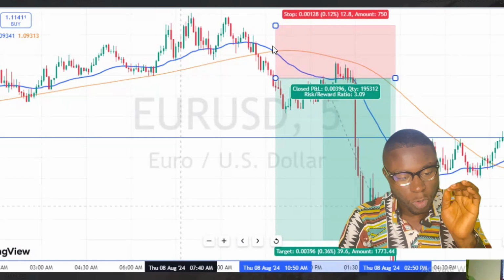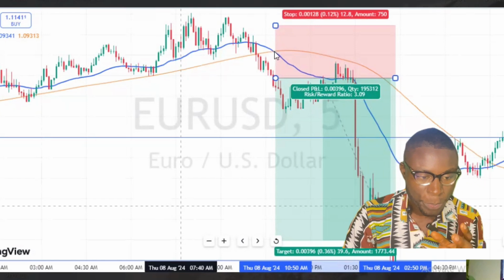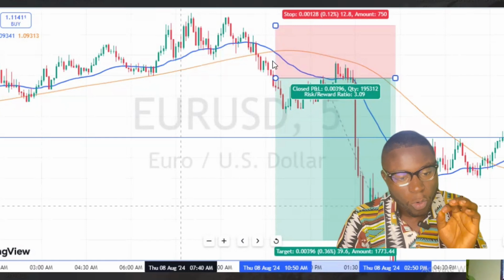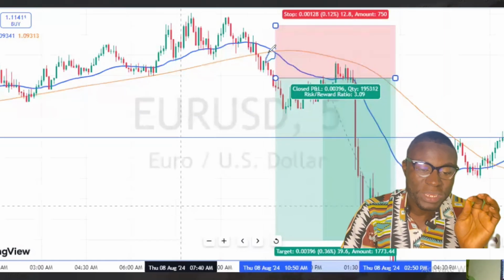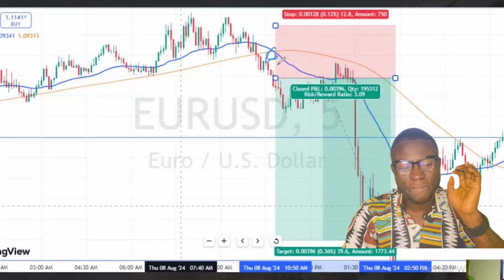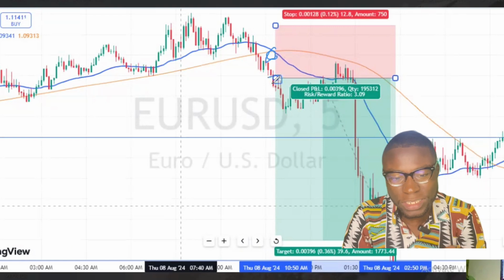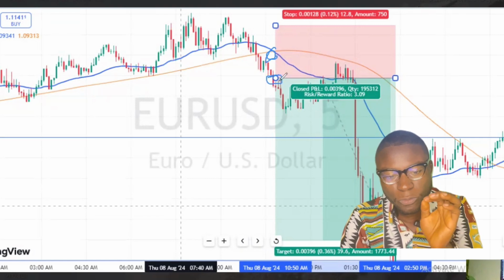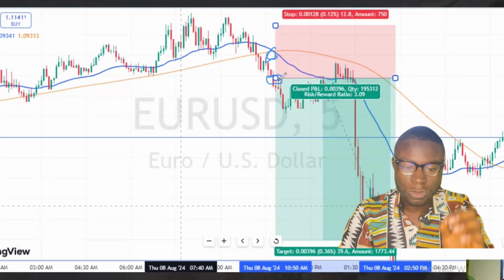The second rule is that for you to sell, you must see the blue colored moving average cross below the orange colored moving average, just as we have here. Alright, now when you see the cross, it is a sell signal. So you are going to take your sell as soon as you see that cross below. After taking your sell, the next thing is where to place your stop loss.